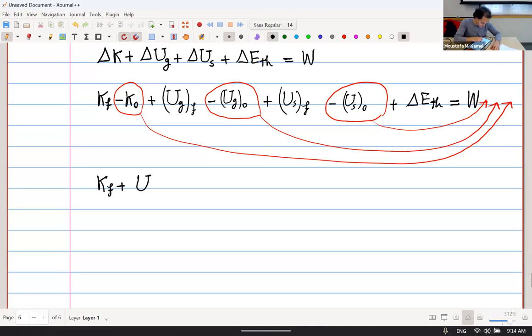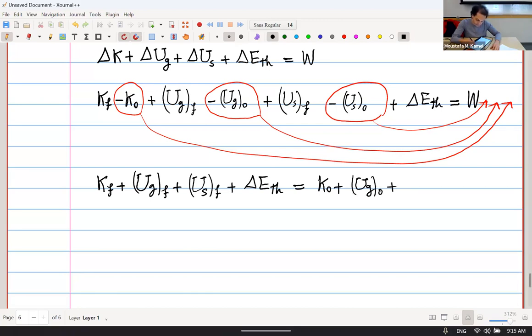Then this is equal to U final plus U_S final plus change in thermal energy, equal to initial values plus W.